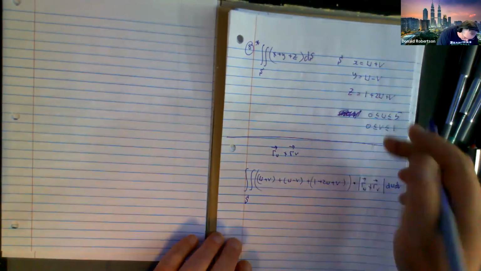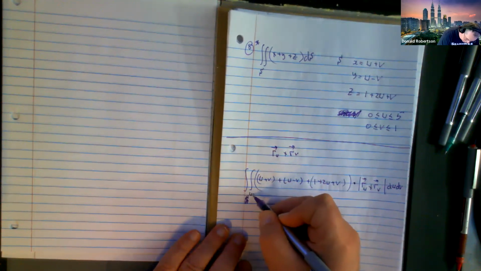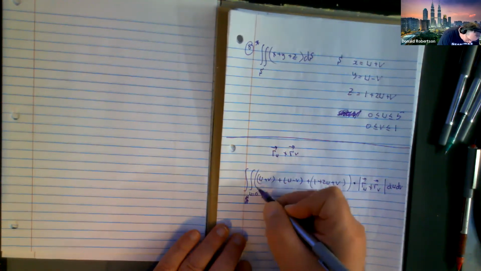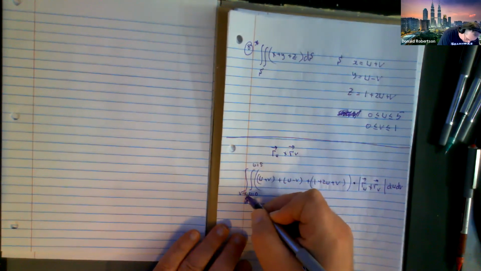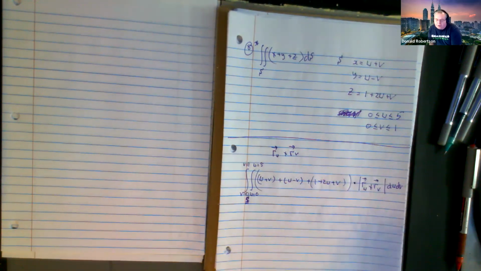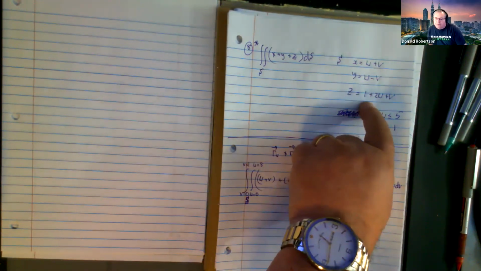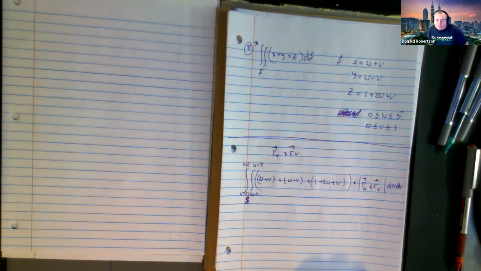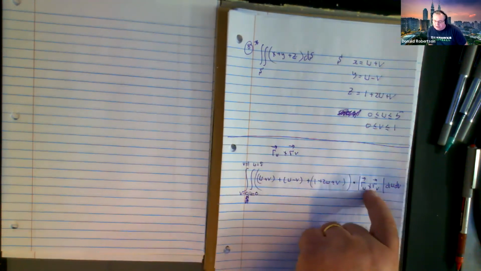And since these are numbers, I could just put in u equals 0 to u equals 5 and v equals 0 to v equals 1. So in a lot of ways, this is well on its way to being finished, right? Turn everything that says x, y, and z into the parametric equations u and v, parametric variables. Need to know what this guy is, but whatever he is, he goes here.